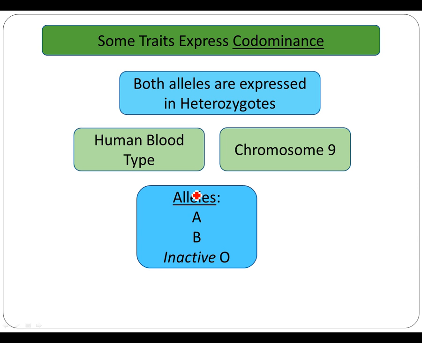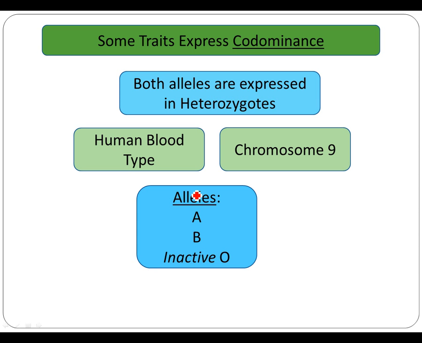We already identified the different types of alleles. You have A and B, and they use the letter O, which is inactive. Really, there are three alleles: A, B, or none of them being expressed. You can go through and mix them up, like you went through.